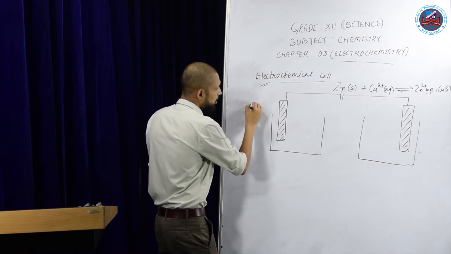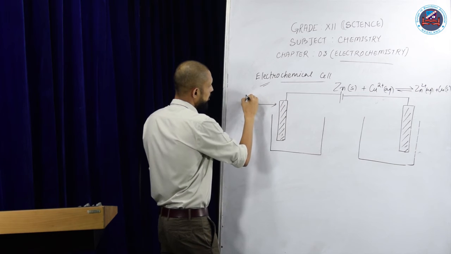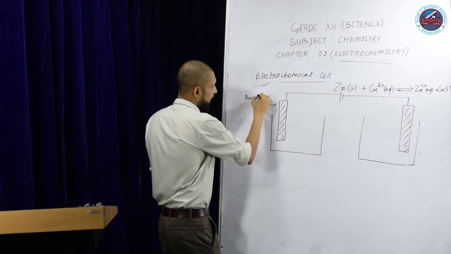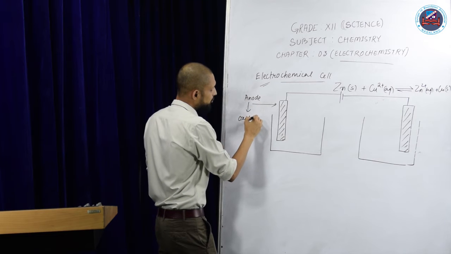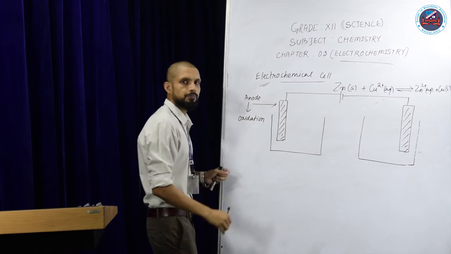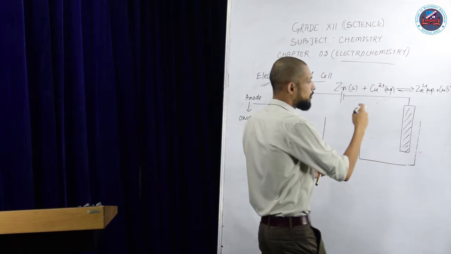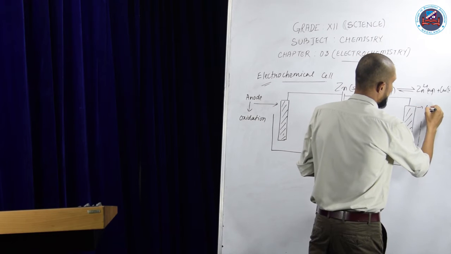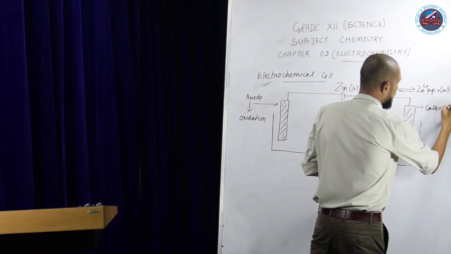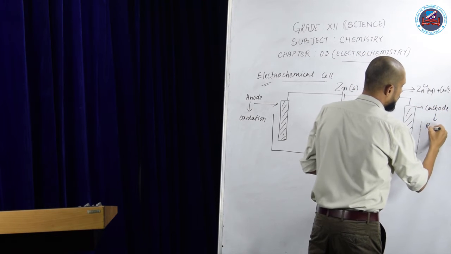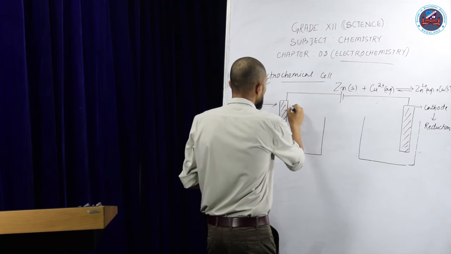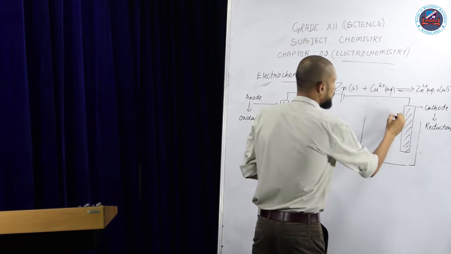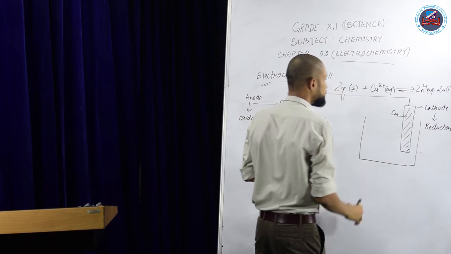Now, here we have anode, and at anode, oxidation reaction will take place. Whereas on the right hand side, you have cathode, and at cathode, reduction will take place. So this is zinc electrode, this is copper electrode.